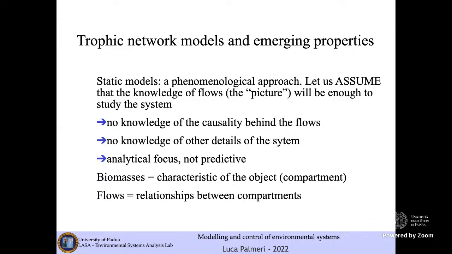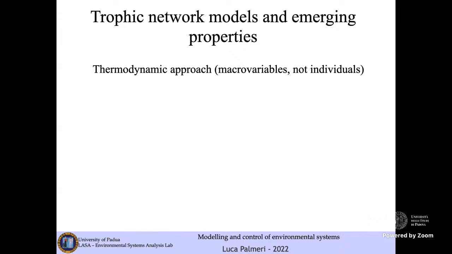So when we talk about fisheries, we think about catches between prey and predators. So it is a kind of thermodynamic approach. So we focus on macro variables and not on individuals.